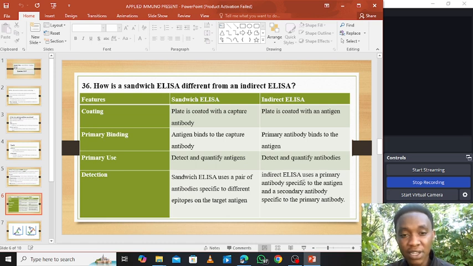On detection, sandwich ELISA uses a pair of antibodies specific to different epitopes of the target antigen, while indirect ELISA uses primary antibodies specific to the antigen which is pre-coated on the well, and uses secondary antibodies which are also specific to that primary antibody.